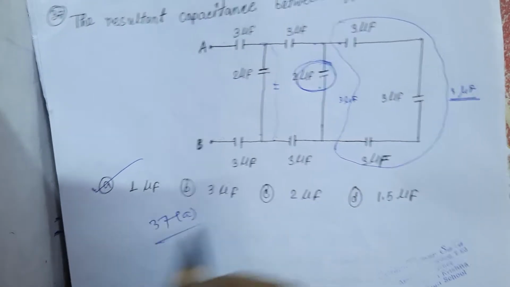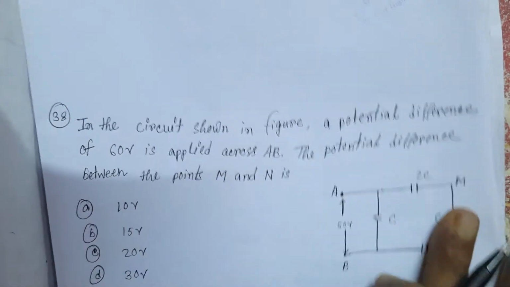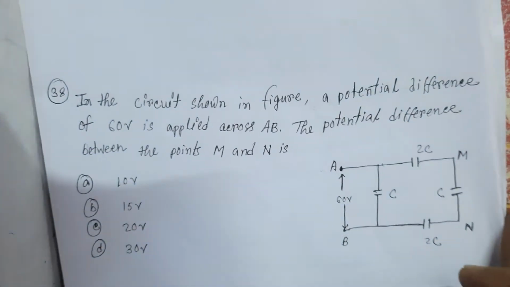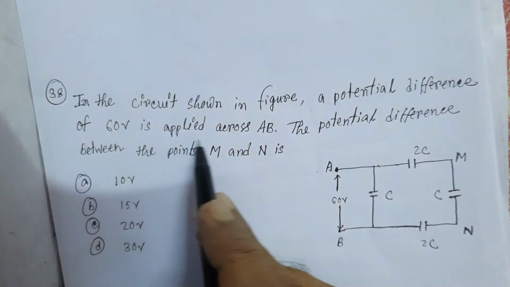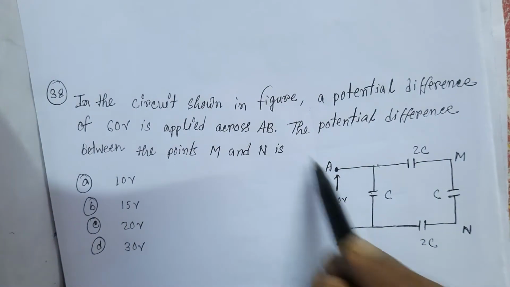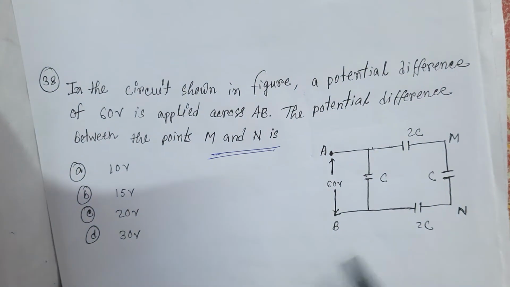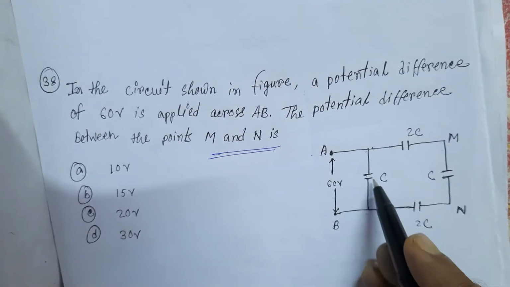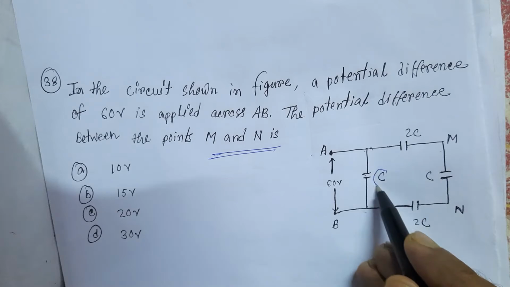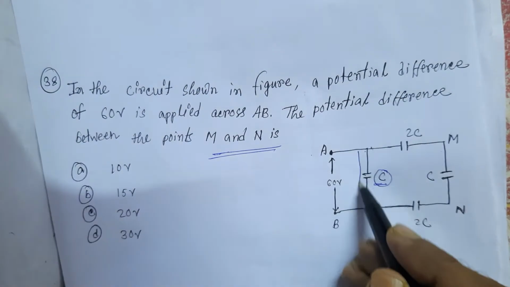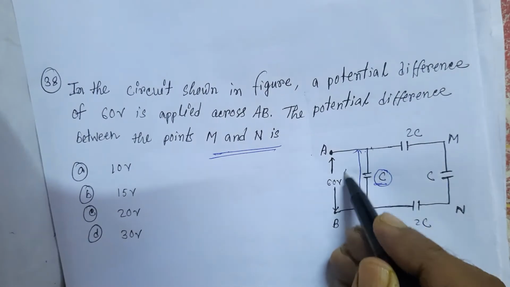Now let us take the question number 38. The circuit is shown in figure, a potential difference of 60 volt is applied along AB, the potential difference between the points M and N. Here, the potential difference across this capacitor C is also 60 volt because it is parallel to the source.